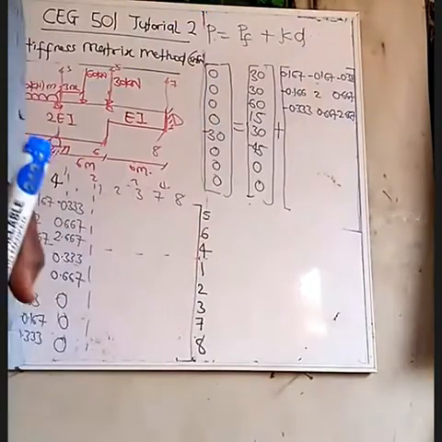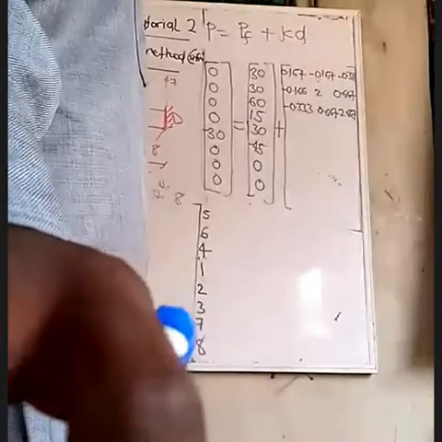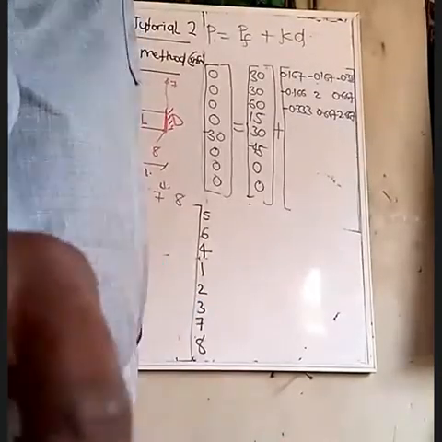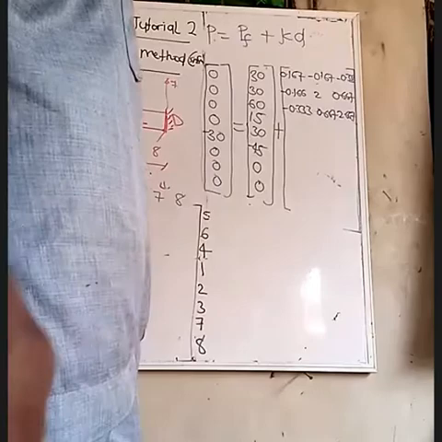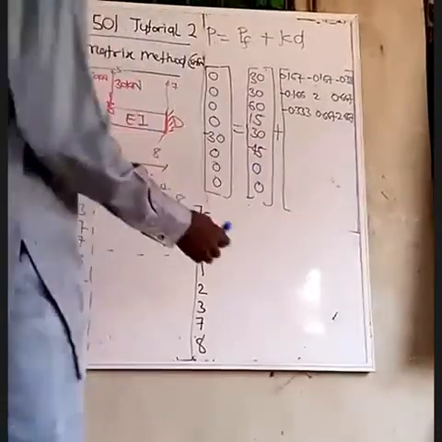Sorry, D4. Are you with us, Johnson? Yes, I'm saying something. We are supposed to arrange it in such a way that the ones we are looking for are readily available.